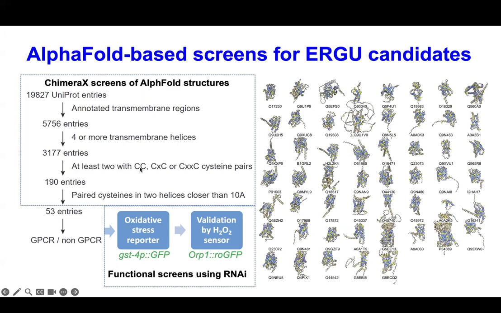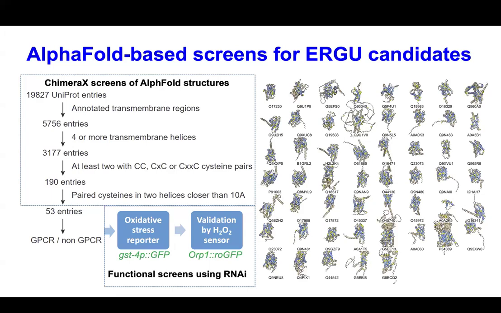And by the way, this CC, CXC, CXXC are based on the electron transfer cysteine pair system from CcdA, SCSB and DSBD in bacteria. And so finally, if you only focus on the protein with the paired cysteine in two helices closer than 10 angstrom, you ended up with the final 53 entries.